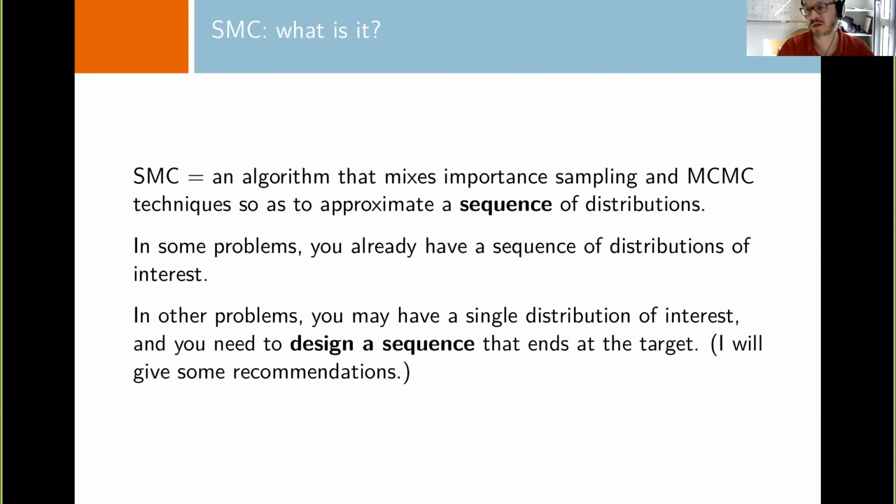But we also discussed another situation where you have a single distribution of interest, and you may still want to use SMC. The trick is that you design a sequence of distributions that starts from some simple distribution and ends at your distribution of interest. That's an interesting approach, I think. So as I mentioned before, SMC samplers are for both sequential and non-sequential problems.